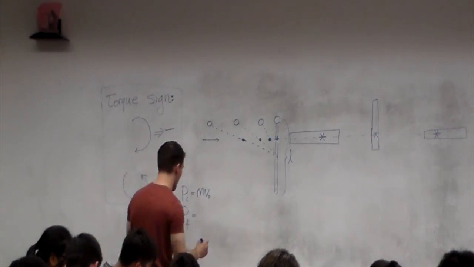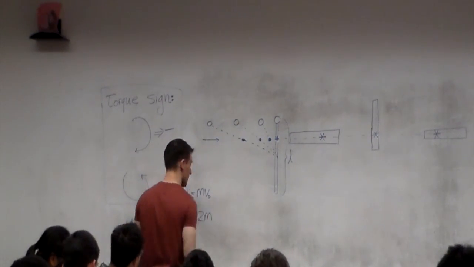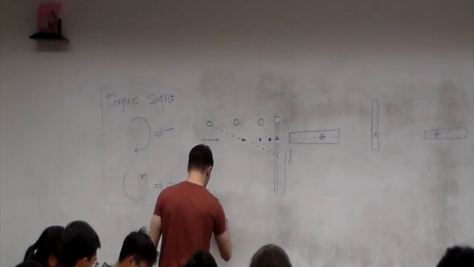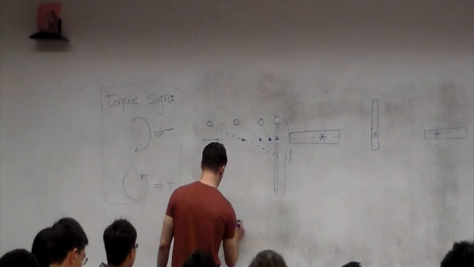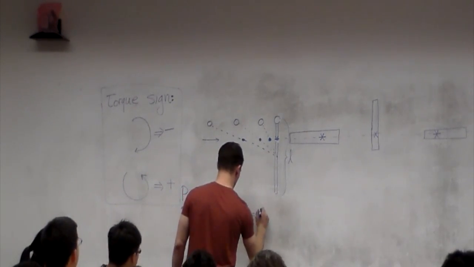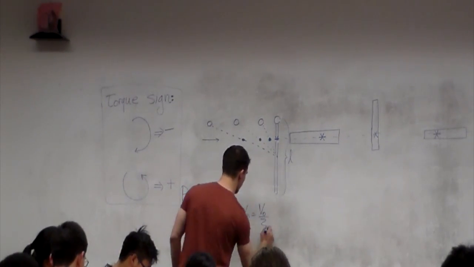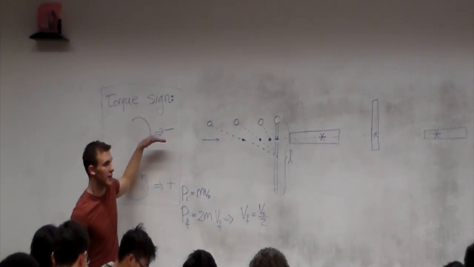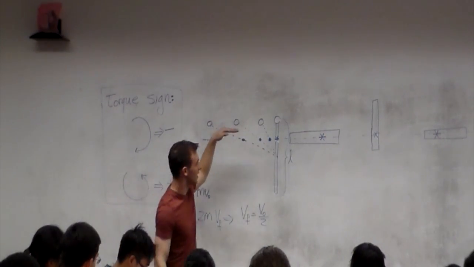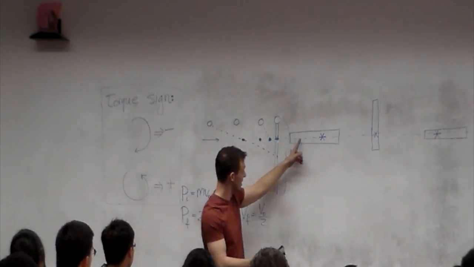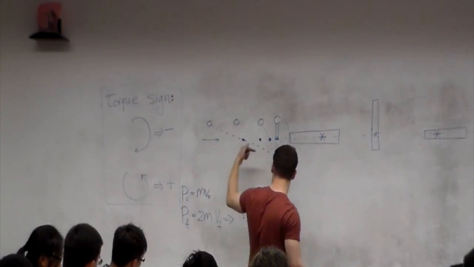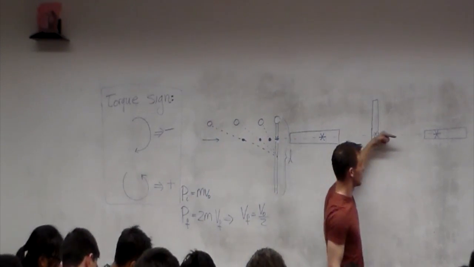The mass is 2m. The velocity is v final, which we don't know. And it turns out, therefore, that v final is equal to v initial over 2. So if this guy comes in with speed 10 meters per second and collides, the two together will translate this way with a translational velocity of 5 meters per second.